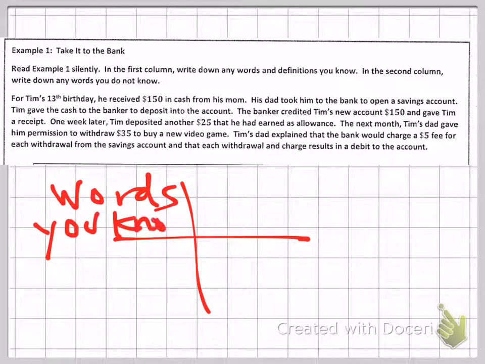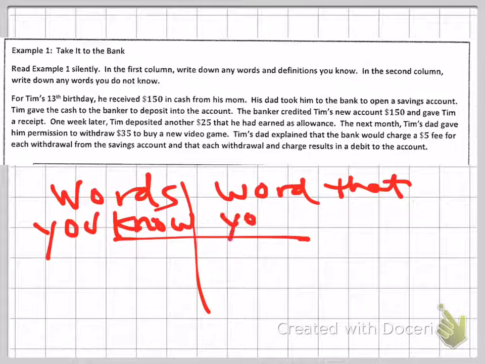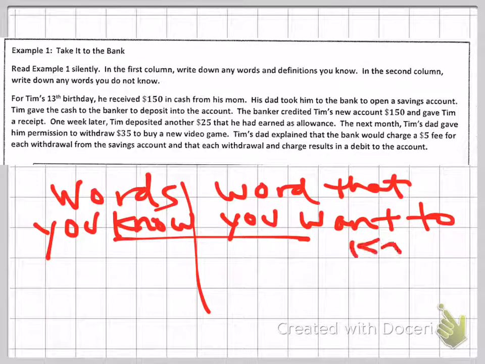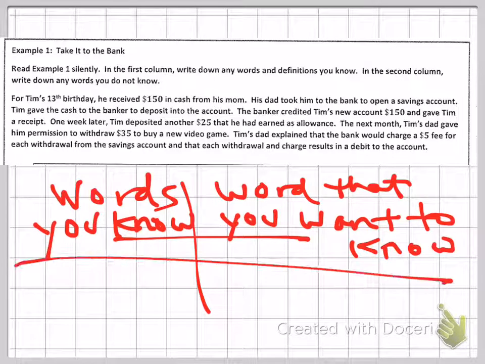And the next column, the second one, would be words that you want to know. Okay, so as I read with you, you are going to write down keywords that you're like, what does that mean? And then this will help with your math problem, okay?